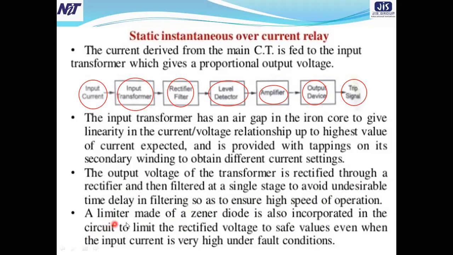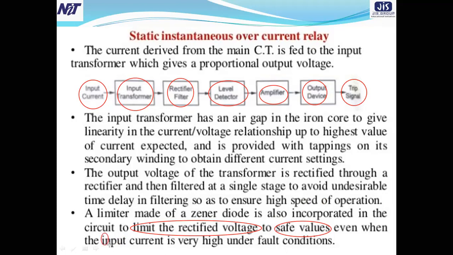Now a limiter made of a Zener diode is also incorporated in the circuit, to limit the rectified voltage. Why are we using the Zener diode? To limit the rectified voltage to safe values, even when the input current is very high under fault condition.